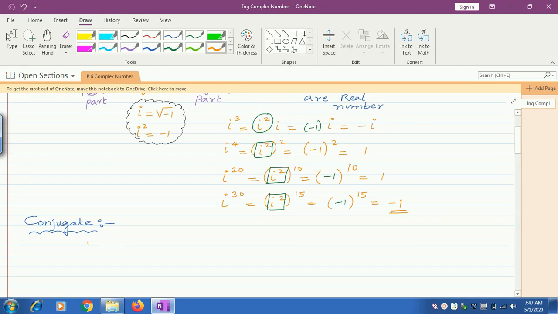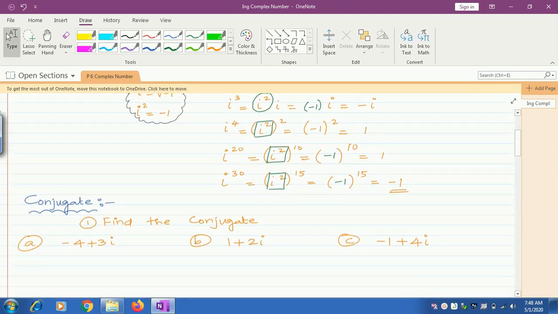Suppose you have to find the conjugate of A: minus 4 plus 3i, B: 1 plus 2i, C: minus 1 plus 4i.